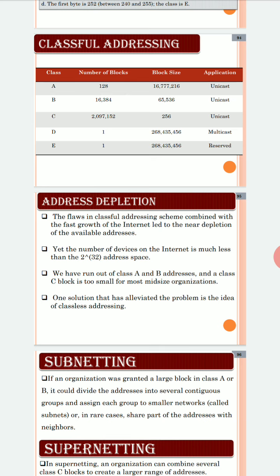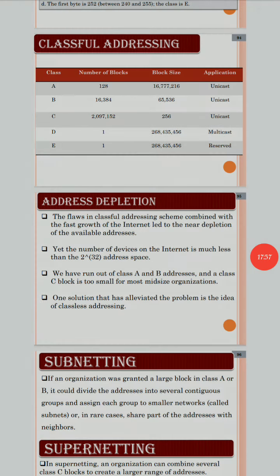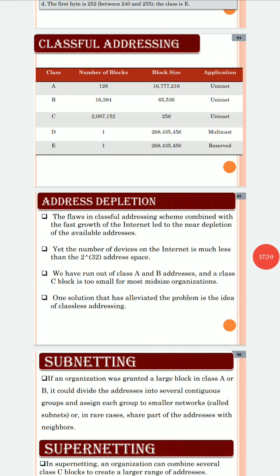But if an organization requires a very large number of addresses, then we can't go with that. As I said, we can consider only up to 128 organizations. But when we see the suffix, we can address up to 1 crore devices in that one particular network.